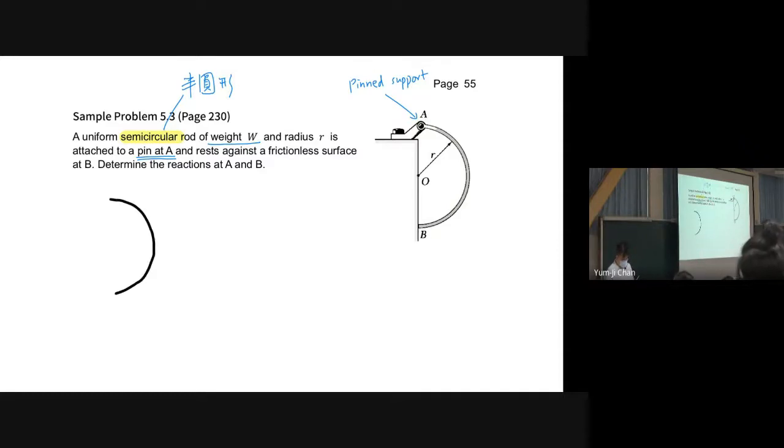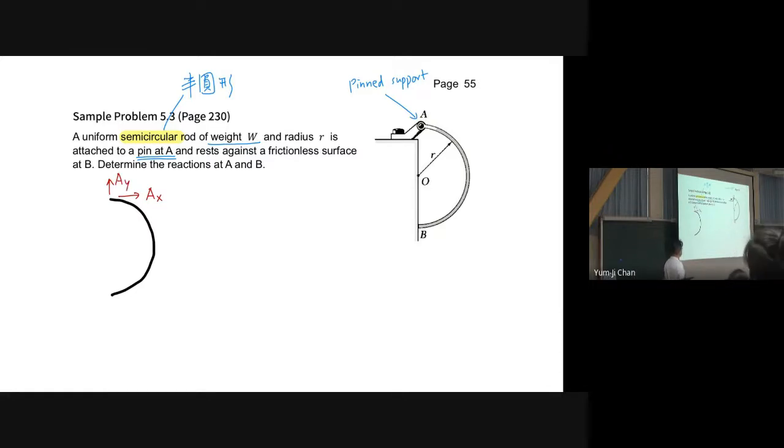Now we draw a free body diagram. Because point A is a pin support, we have force AX and force AY.